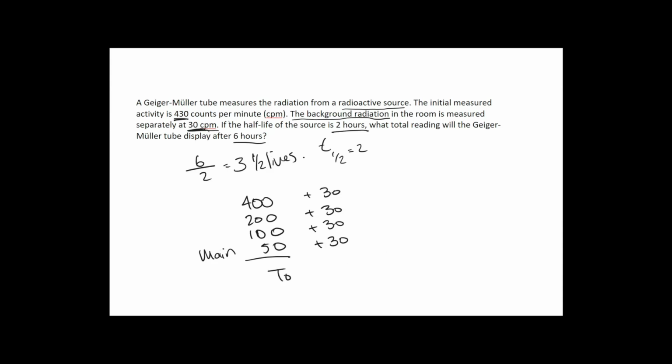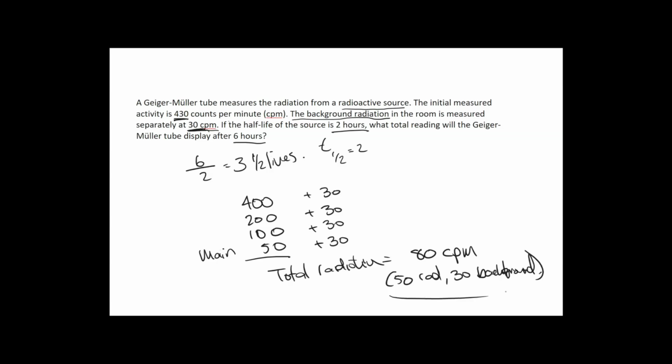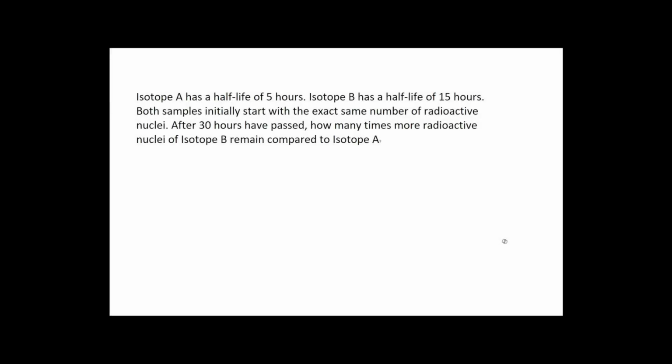So the total radiation will be 80 counts per minute, whereas 50 is the radiation and 30 is background radiation, which is really hard to get rid of. And that's that.